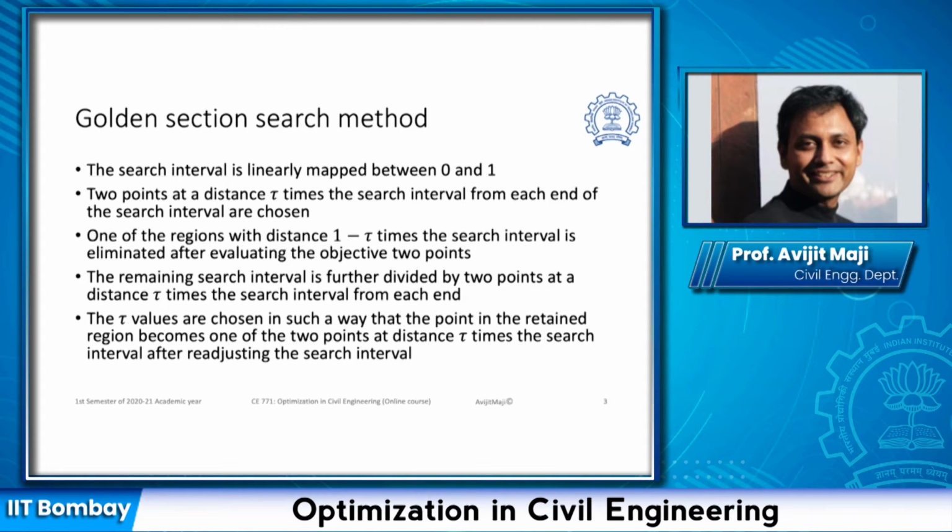Once we do that, the point which is retained within the region is going to reappear in the second iteration. So when we divide the remaining search interval with two points, we'll find that the previous point reappears. So we have to choose the tau value in such a way that it can reappear.